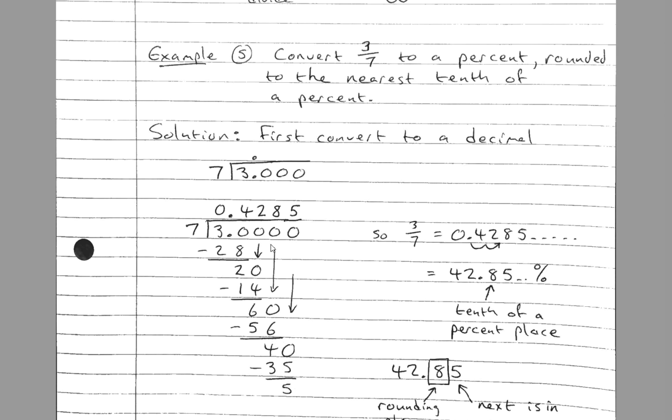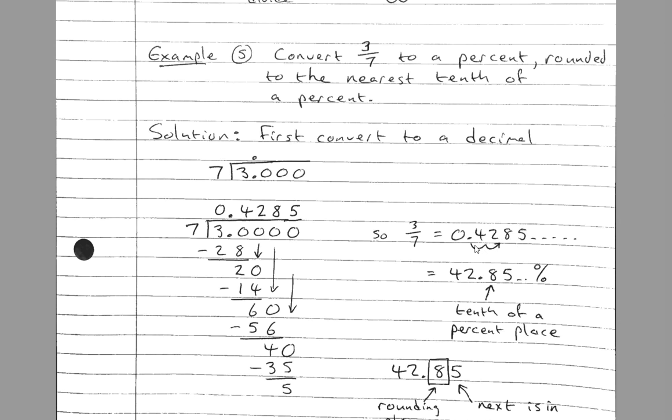So you can keep going. Here we've found 4 places, but we don't have a 0 remainder, so we could get more places. But so far we have 3 over 7 is equal to 0.4285.